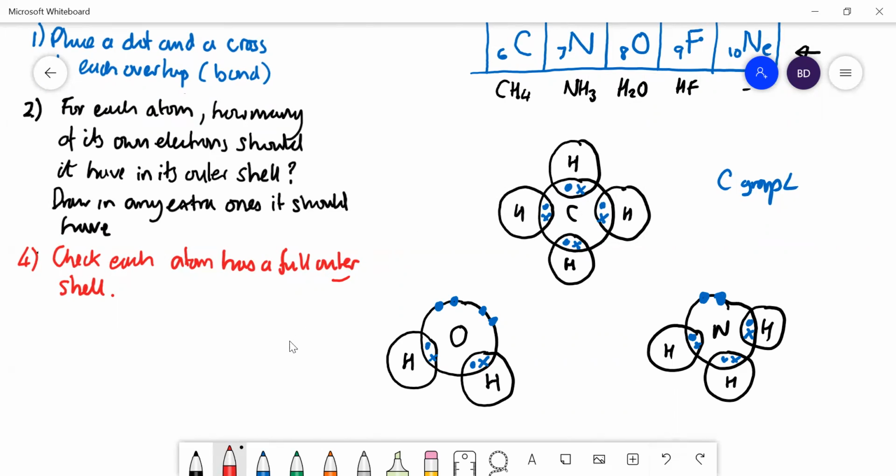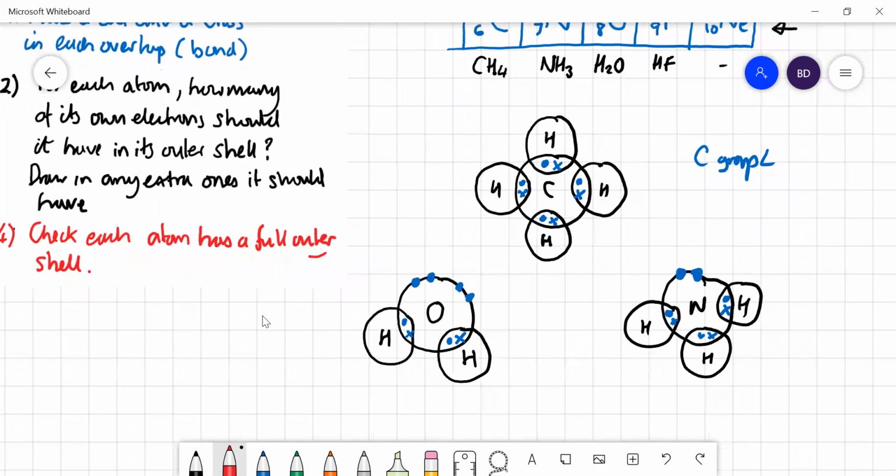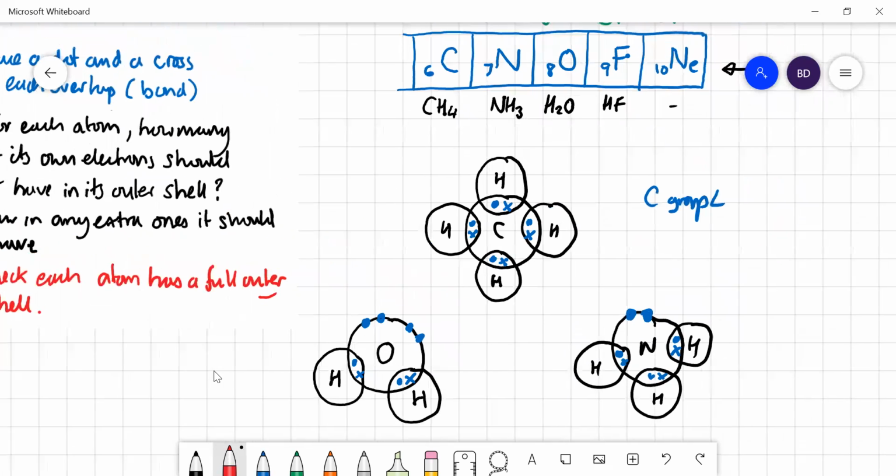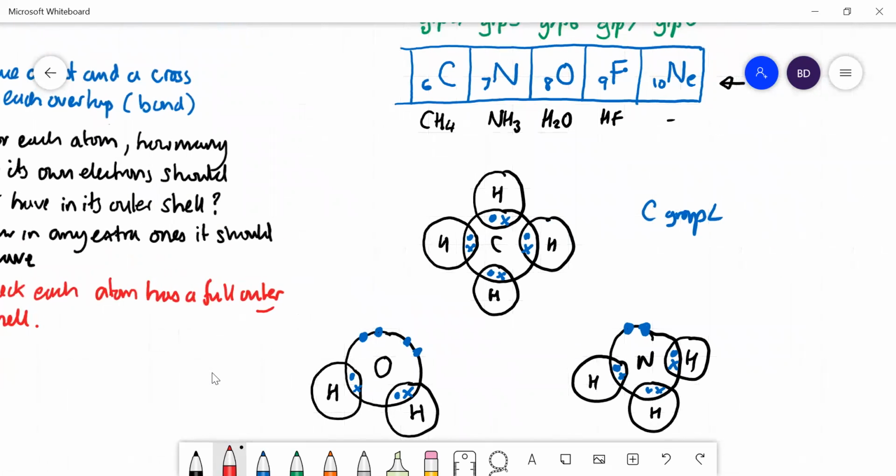So let's do the last one now. Let's do HF. The blue step, put a dot and a cross in each overlap. The black step, for each atom, make sure you've added enough.